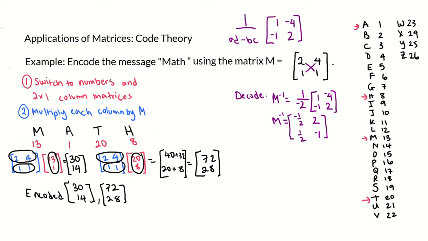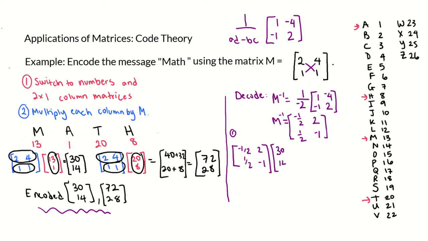So to decode our previously encoded message, we're now going to multiply M inverse by each column. So the first part would be M inverse times [30; 14], which would give us negative 1/2 times 30 is negative 15, plus 2 times 14 is 28.